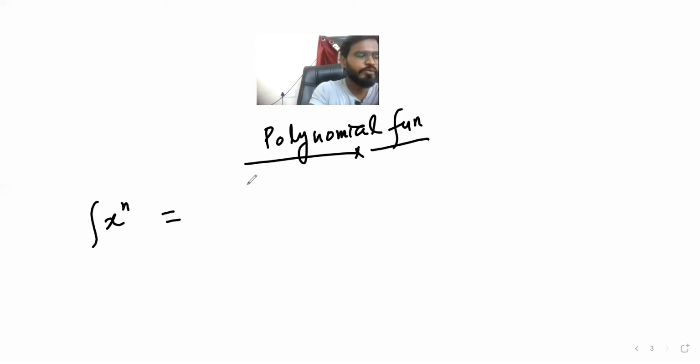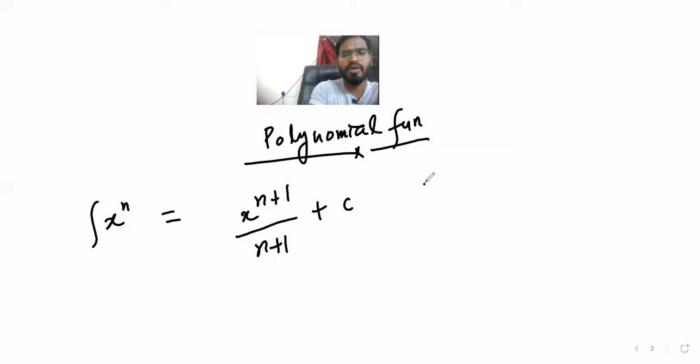Again, we are not supposed to ask how it will come, so directly I am writing x to the power n plus 1 by n plus 1 plus c, the constant. Integration of x to the power n is done this way. The reverse of that, if you do, you will get differentiation. So x to the power n integrates to x to the power n plus 1 by n plus 1 plus c, where n is not equal to minus 1.